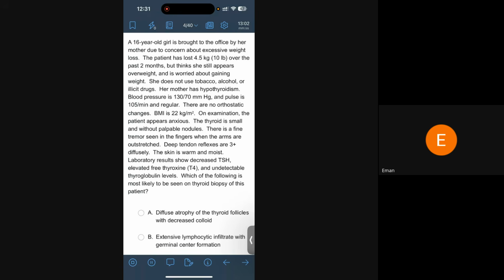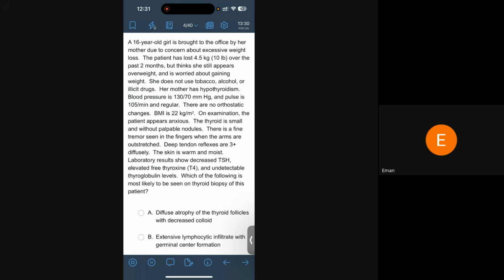Her mother has hypothyroidism, so most likely this patient is stealing her mother's medications. And in the question, it is clearly mentioned that even when she is losing weight, she still thinks she is overweight. That's why her thyroxine levels are high and thyroglobulin levels are low. Because it is exogenous, not endogenous.